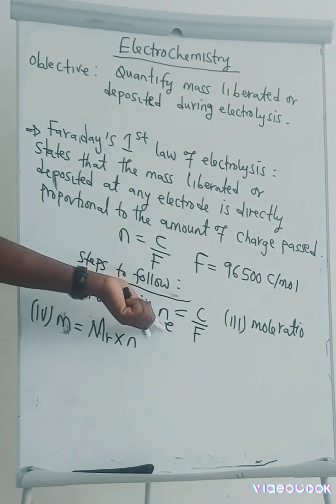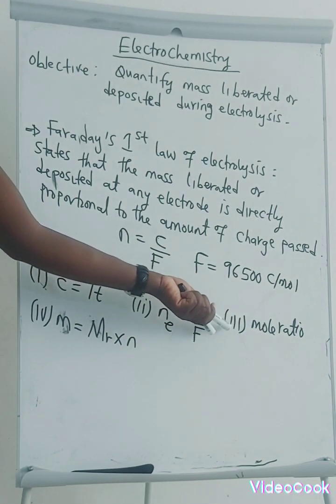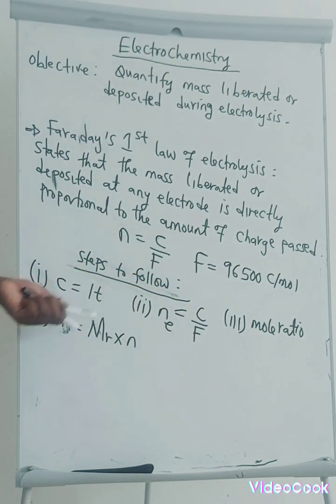Moles of electrons converted from coulombs. Then compare the mole ratio of electrons to the substance liberated or deposited.